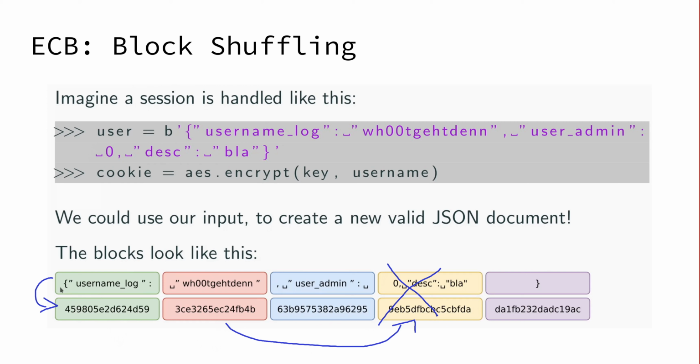And what this JSON object would then say is username, blah, blah, blah, user admin, username, the string here. Now this is valid JSON. And as you have seen in the past with type juggling, it is very likely that the user admin value will be considered true because we put a non-empty string in it. So just by reordering encrypted blocks, we have changed the plain text even though we didn't have the key.